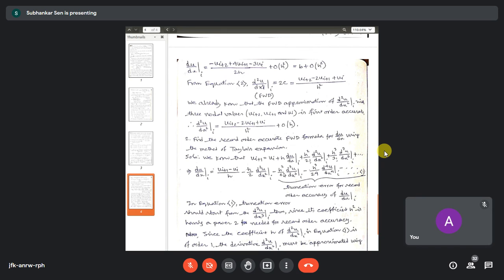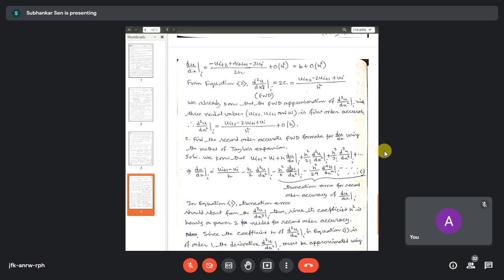But suppose you do something to this term you already have, and you start taking your truncation error from the third term. Then the leading term of the truncation error has h with exponent 2, so this gives you second order accuracy. It means that when finding the second order accuracy by Taylor's expansion, you have to take the truncation error from the next term, not from the immediate neighboring term.